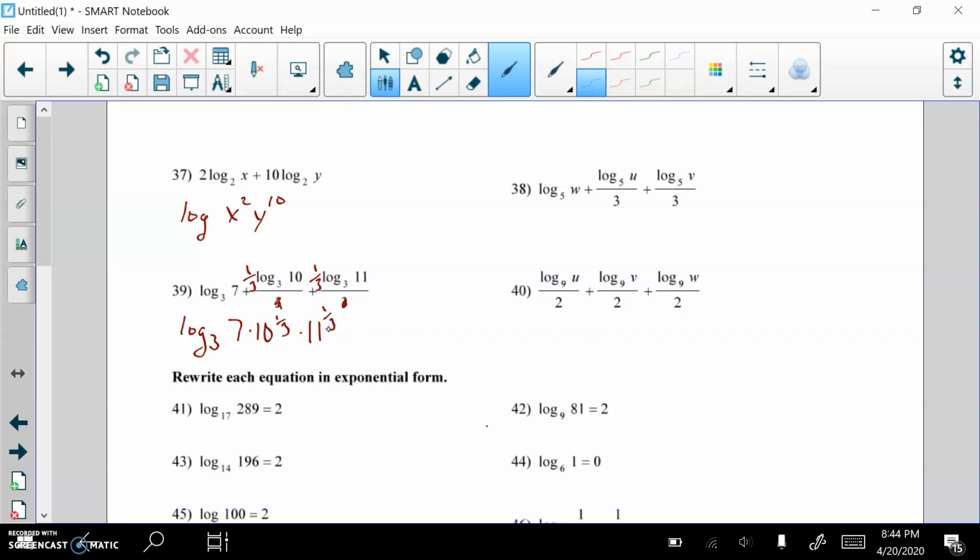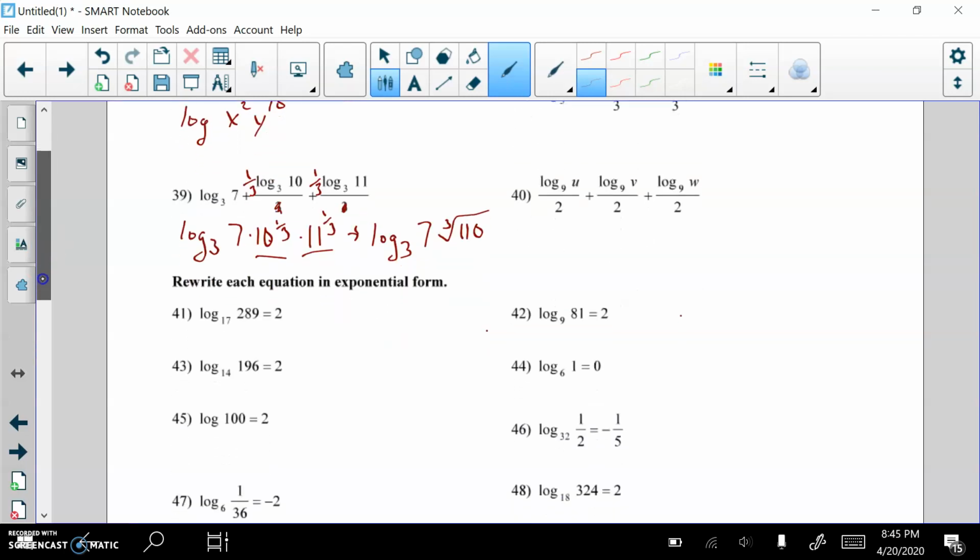Now I got to admit I looked at the key and she had log base 3 of 10, times the cube root, which is to the 1/3 power of 110. That should be a 7 in the front. If you're wondering where that 10 right there came from, that should be a 7. And then since 10 to the 1/3 times 11 to the 1/3 is the cube root of both of those, you can just call it cube root of 110.